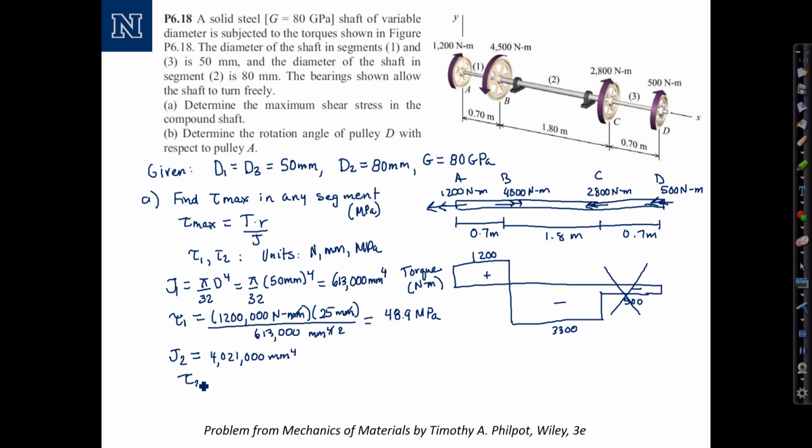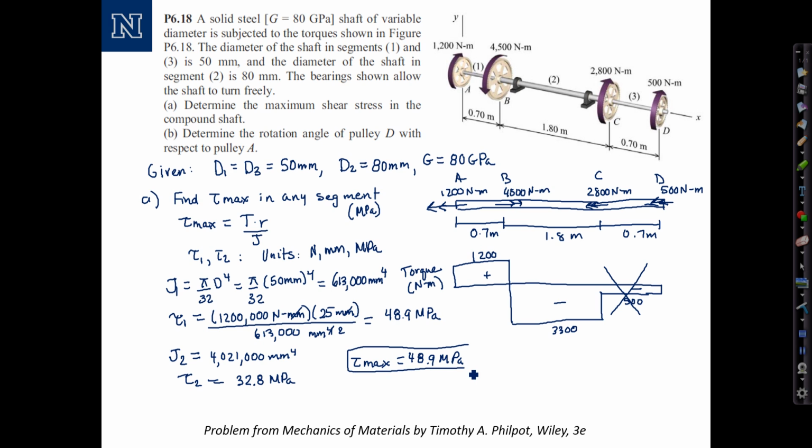Tau 2, the shear in segment 2, using the same formula, this time with a torque of 3,300 times 10 to the 3rd Newton millimeters, the radius half of 80, 40 millimeters, and J2 as we just computed, computes to 32.8 megapascals. If we compare these two numbers, tau 1 is clearly larger than tau 2, so tau max in any segment is 48.9 megapascals.